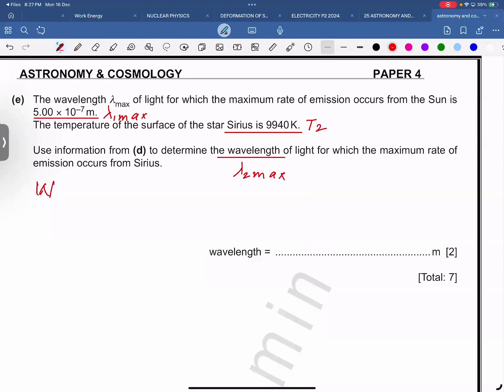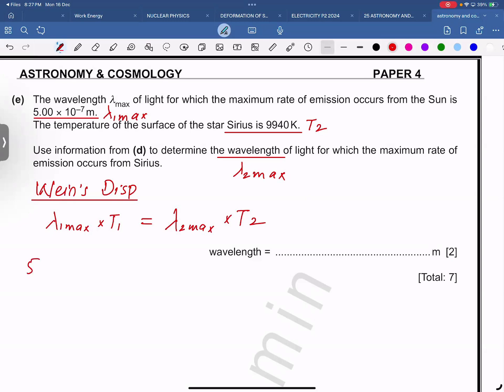Wien's displacement law says what? They didn't say to explain, so directly write lambda 1 max times T1 equals lambda 2 max times T2.